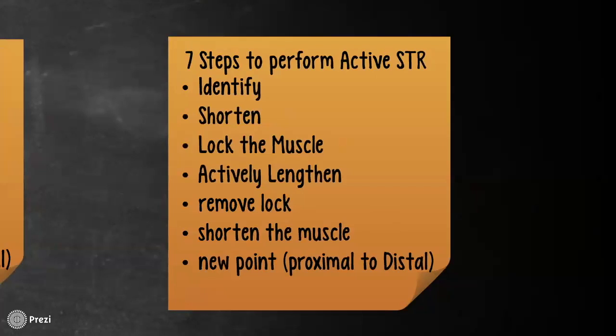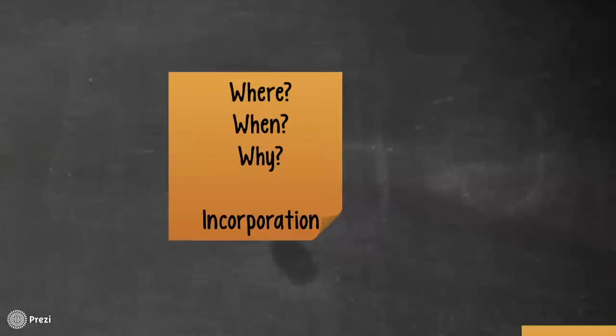With the muscle shortened, lock those fibers, starting proximally, nearest the origin of the muscle. Once the fibers are locked down, then you lengthen that muscle. Maintain the lock throughout the movement, and then remove the lock, allow the muscle to shorten, and choose a new place to start, again working proximal to distal.